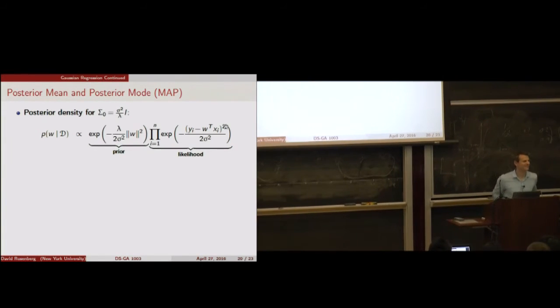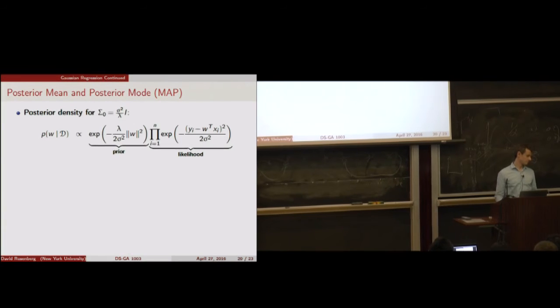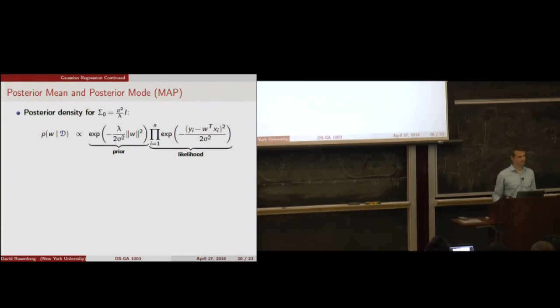Here lambda is our regularization term, as in the ridge regression setup. Yes, here we have to choose it beforehand. So let's come back to this question in a minute.